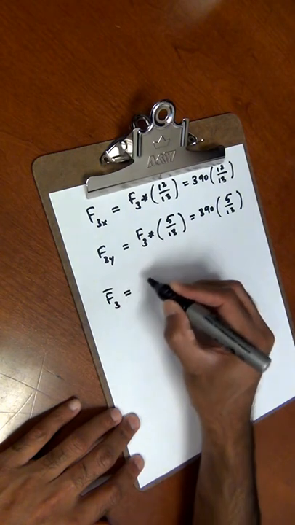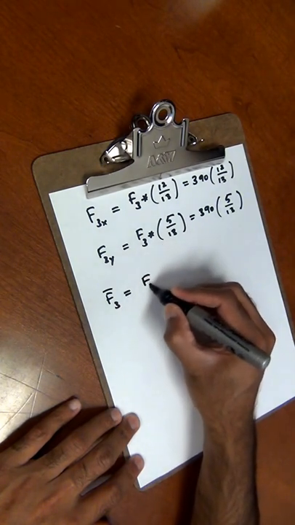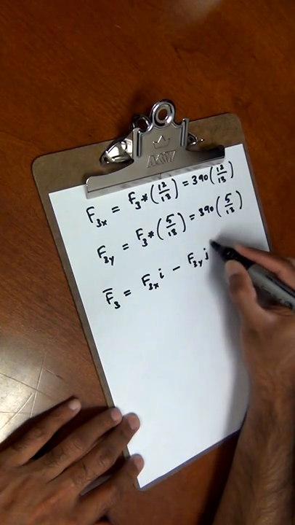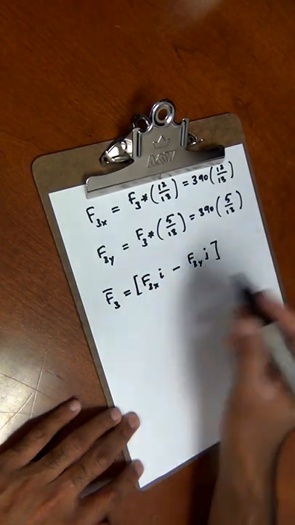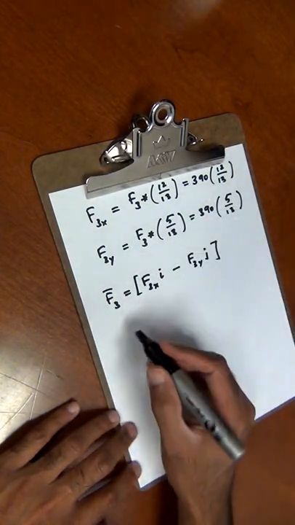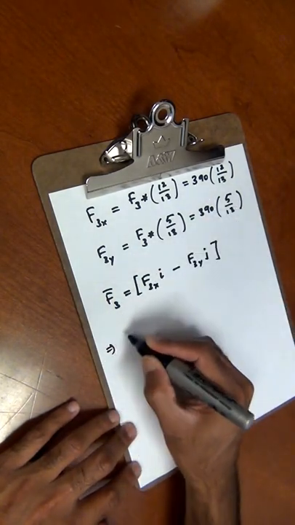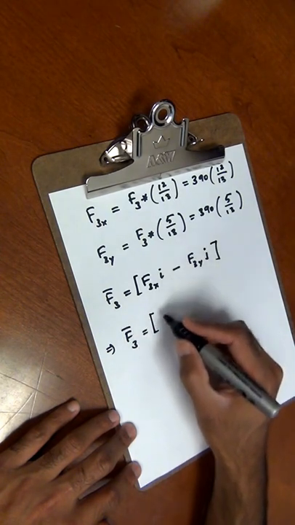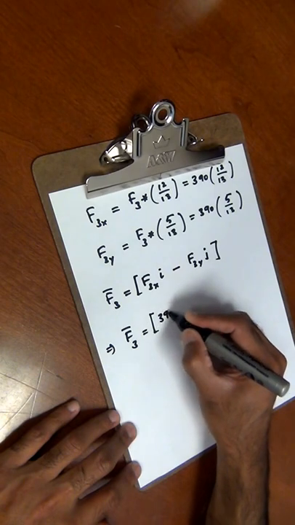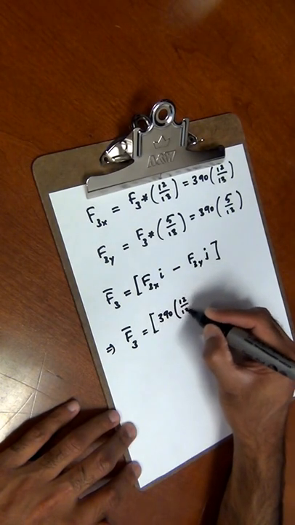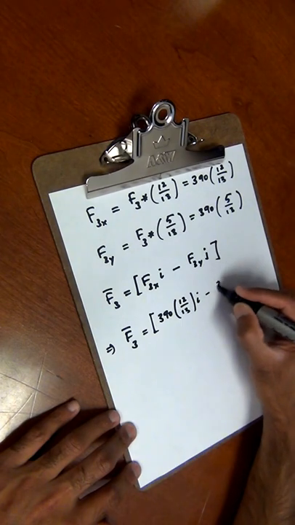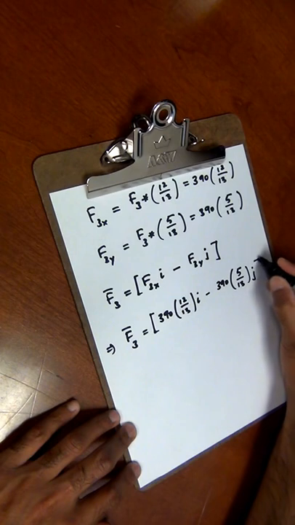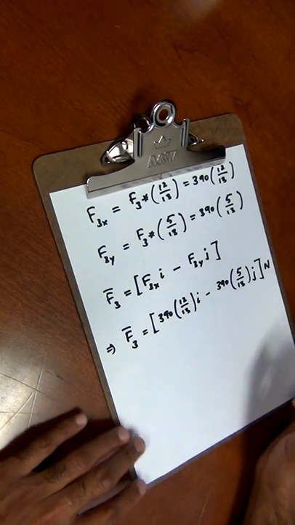Vector F3 is going to be F3x in the i minus F3y in the j direction, or if I write it out in terms of whatever numbers that we have here, F3 is essentially 390 times 12 by 13 i, minus 390 times 5 by 13 j, so many newtons.